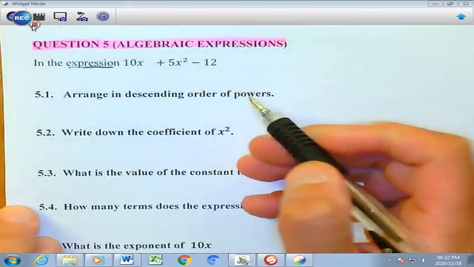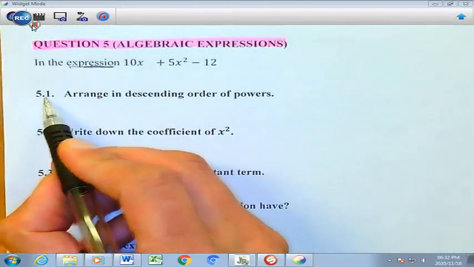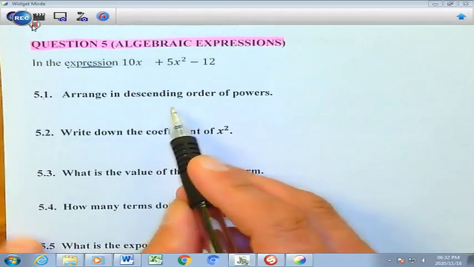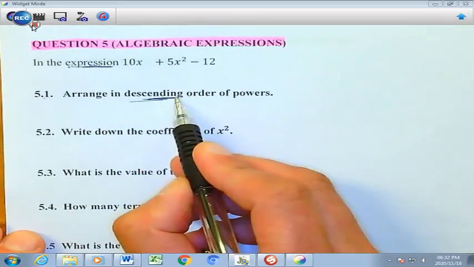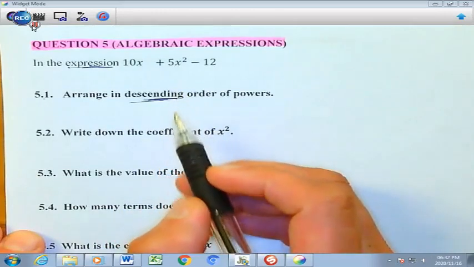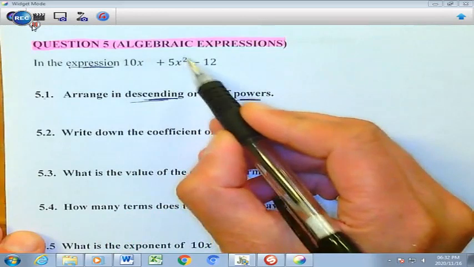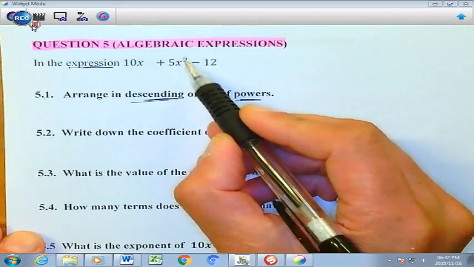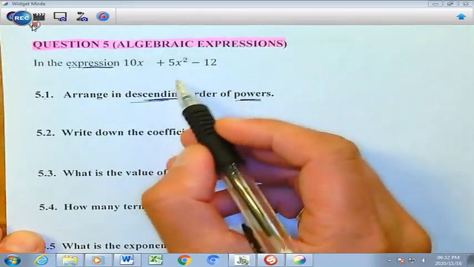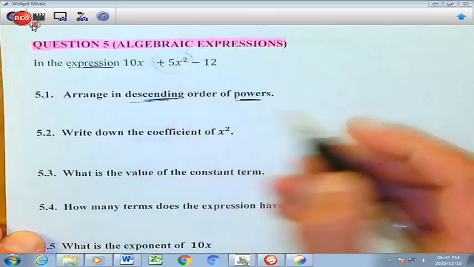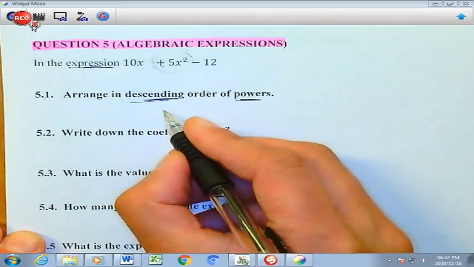Okay, so 5.1 asks for the arrangement in descending order. Descending order means from the highest to the lowest of powers. So that's little 2 there, that is a power. So what you're going to do is descend that entire part, including the sign, that becomes your biggest one.